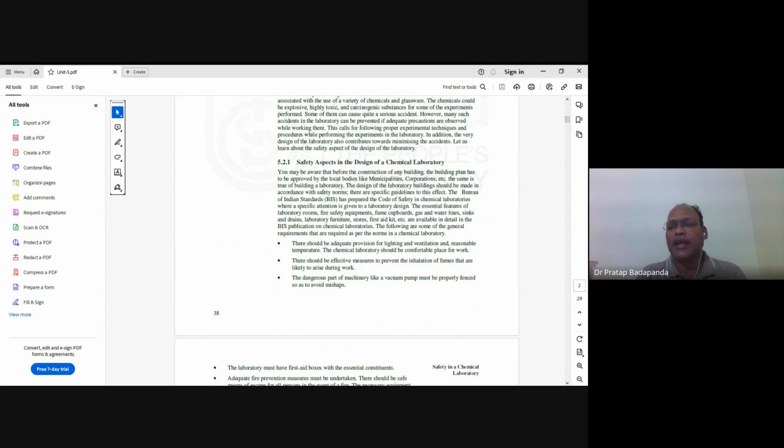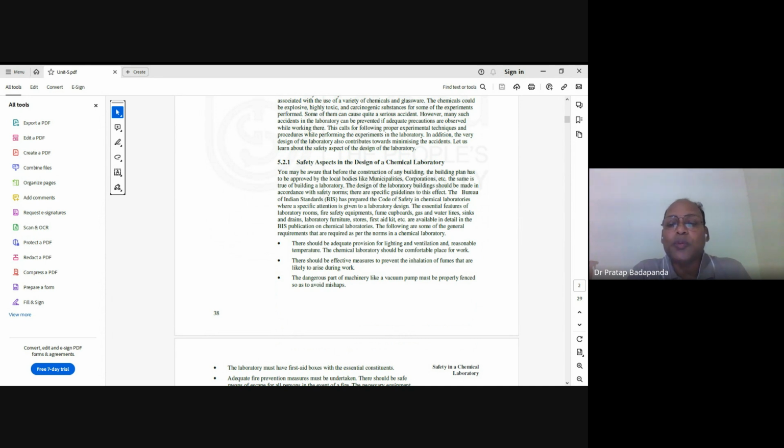As a chemical analyst, you should know what steps should be taken when a chemical laboratory is established. Now, as a student, you are working in an already established chemical laboratory, only dealing with the chemicals and instruments. But in professional life, you have to understand how the chemical laboratory should be established, where the chemical reactions will be conducted.